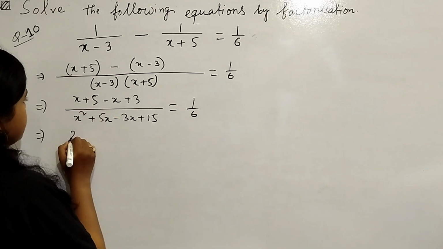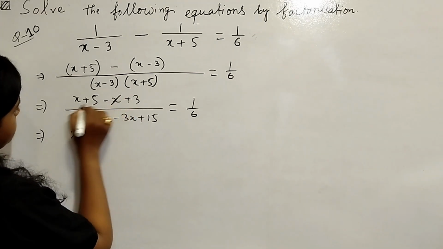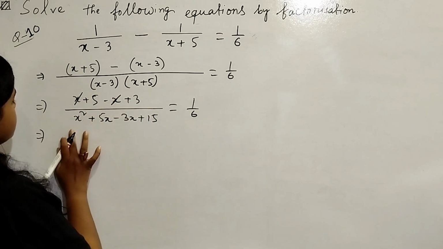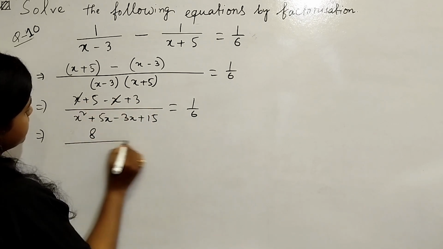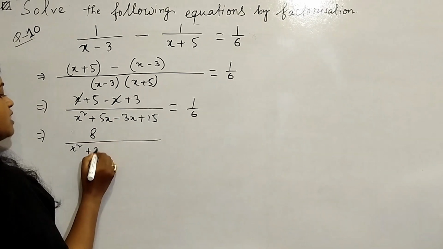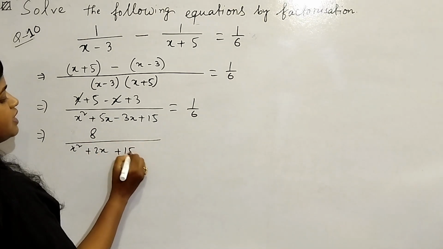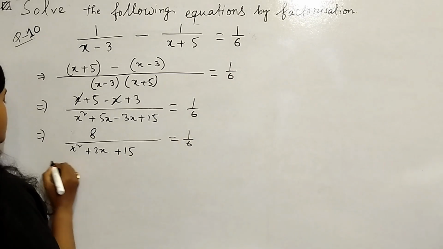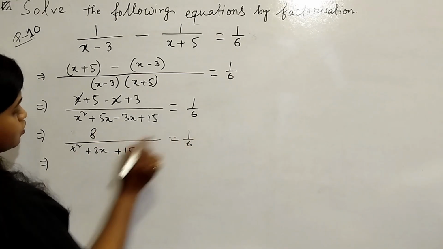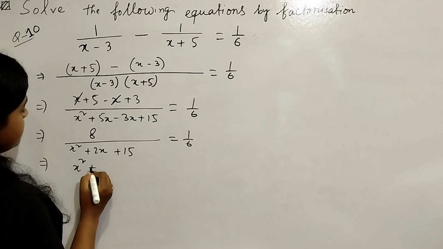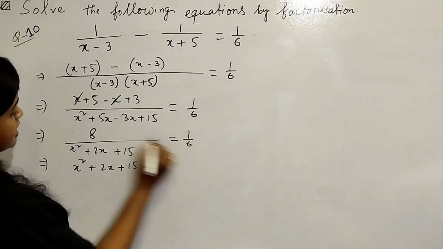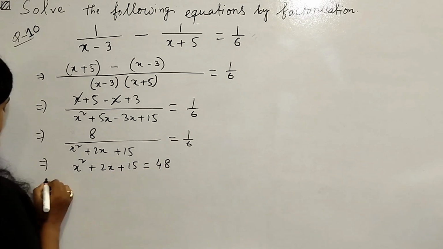x and x becomes 0 because this one is plus x minus x, 0, plus 5 and plus 3 becomes what? 8 divided by x square plus 5x minus 3x, that is plus 2x, and minus 15 there, equals 1 by 6. Cross multiply. So 6 into this one, 1 into the same number because any number multiplied by 1 is the number itself, and 6 times 8 is 48.